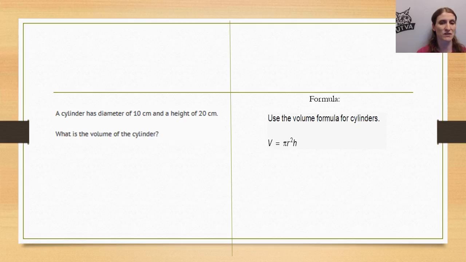3.06 was all about volume of cylinders. And let me remind you about a cylinder. So a cylinder is like a soup can. And I can attempt to draw one here. Let's see if I can get a 3D cylinder for you. Okay, so something kind of like this.